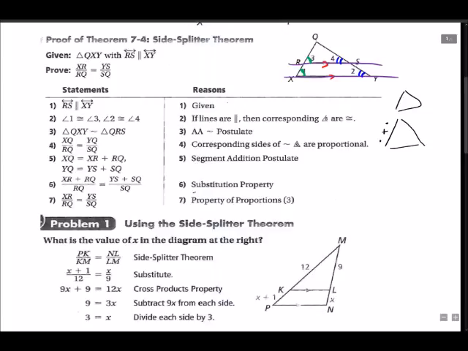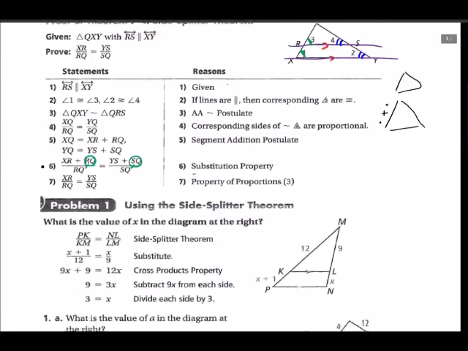And then look what we have here on number 6. Do you see one of our proportion rules? We're just adding one. So we can take out this piece and this piece. We can subtract one, and we end up with XR over RQ and YS over SQ. So that's how it works. It's a nice little proof there.